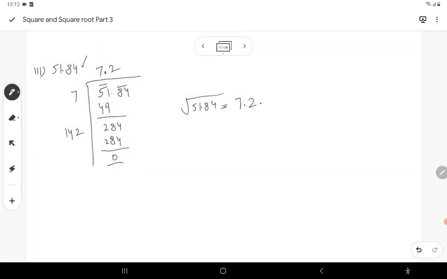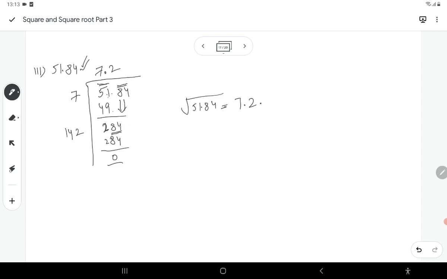Now next part is 51.84. Similarly, first we will make the pairs as 84 as one and 51 as one pair. Now we know that 7 7s comes out to be 49 and 51 minus 49 comes out to be 2. Now bring down the other part also downwards. So 84 is on the right-hand side.